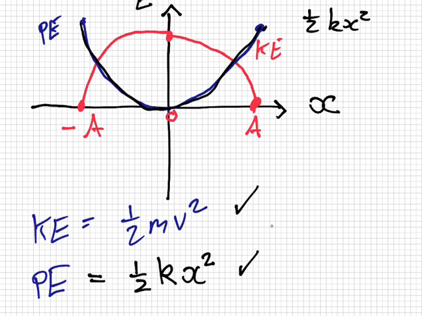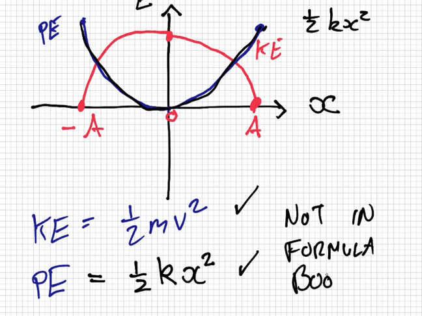Now, just before 1 second, I need to say this is not in the formula book. Yes, you're right. If we're given different values to find potential energy, can we also use half F x, where F is force?